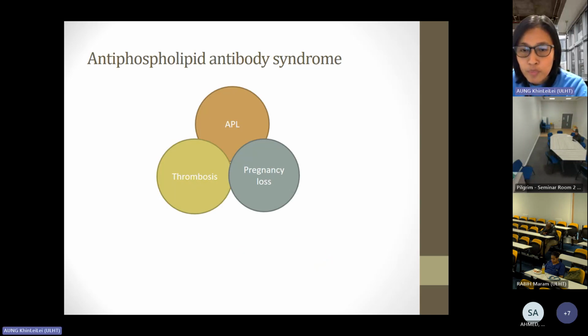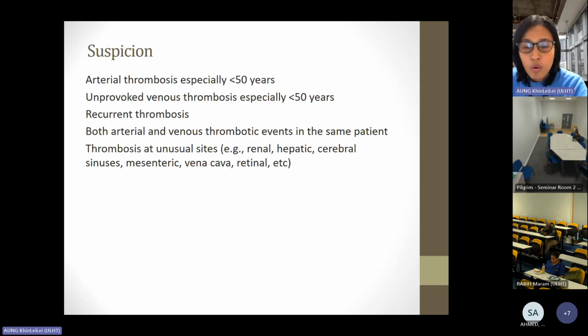Antiphospholipid antibody syndrome. It is the triad of thrombosis, pregnancy loss, and the presence of antiphospholipid antibody. So when are we going to suspect a patient has antiphospholipid antibody syndrome?